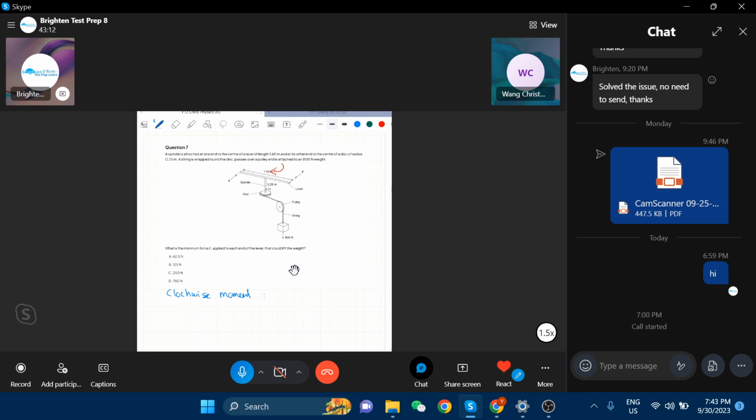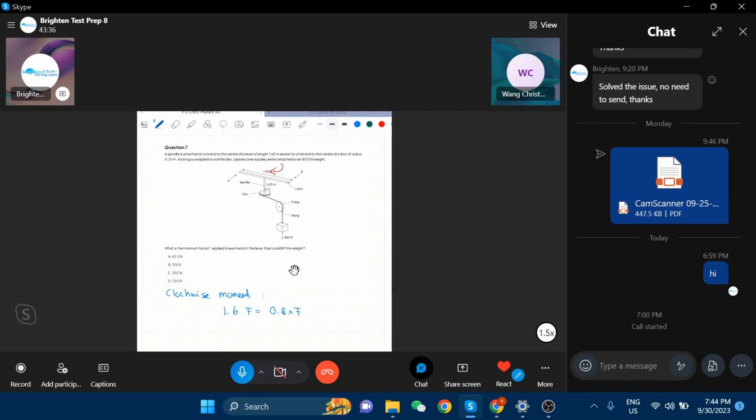It's just 1.6 f. And why is it like that? Because there's 2f, and the point is 0.8 from the center, so 2 times 0.8 is 1.6.